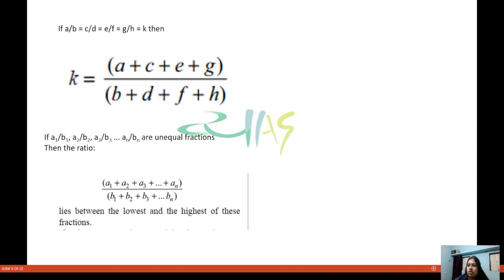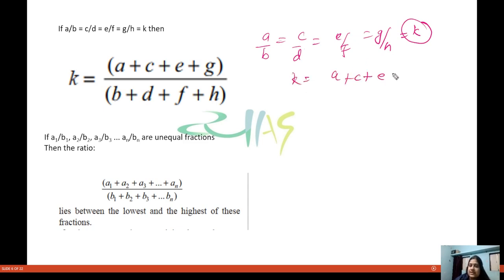Now look at this. If a by b is equal to c by d is equal to e by f is equal to g by h is equal to k, then k is equal to what? a plus c plus e plus g divided by b plus d plus f plus h. So for example, this is very much common sense.